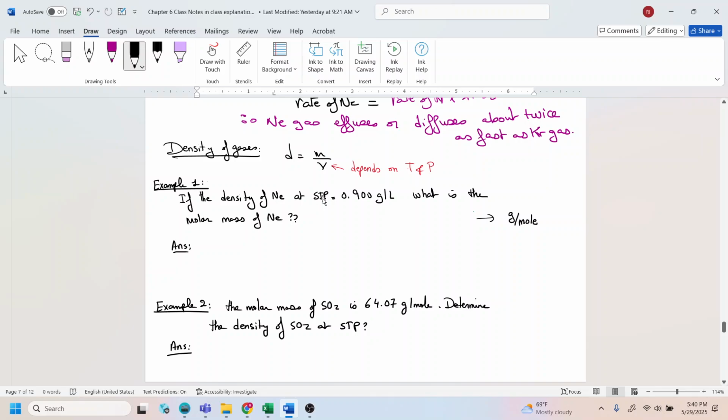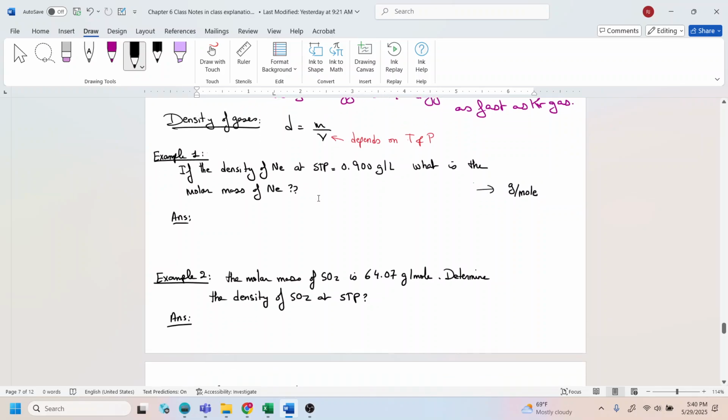So at the same time, when they give me STP conditions, I know that at STP, standard temperature and pressure, 1 mole of gas contains 22.4 liters. And this is a fact.